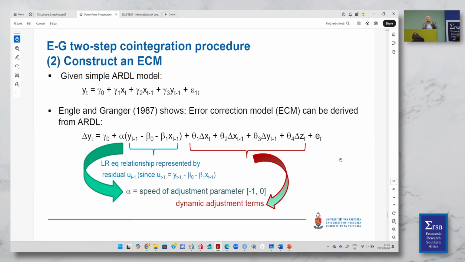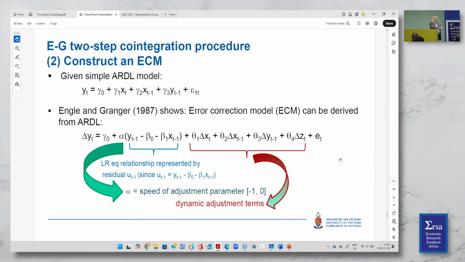It's quite ingenious in terms of bringing together these economic concepts of equilibrium, steady state, and short-run adjustment. Long-run equilibrium, steady state. And when we are in a position of disequilibrium, we can adjust back. There's our marginal propensity to consume. This is the long run. But we know we want to work in stationary variables.